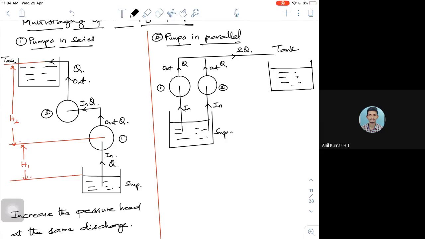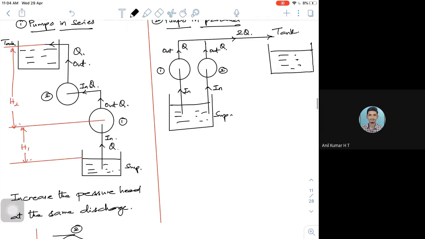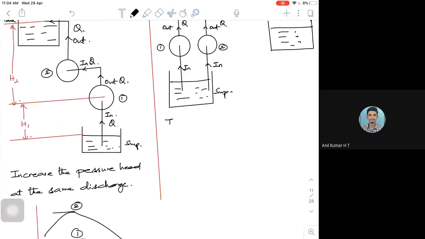But what is the head developed? If I want to increase the discharge at the same head, I will go with this kind of pump.